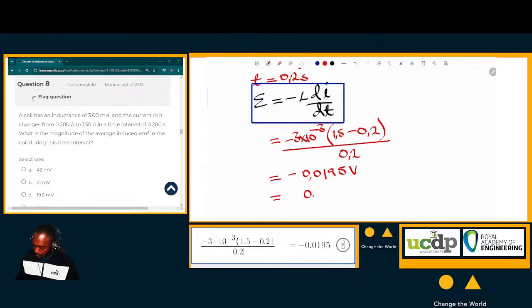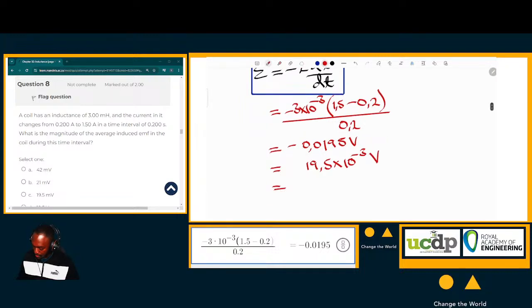You can see that our answers have been expressed with a prefix, so that will be 19.5 times 10 to the negative 3 volts, which is the same as 19.5 millivolts.